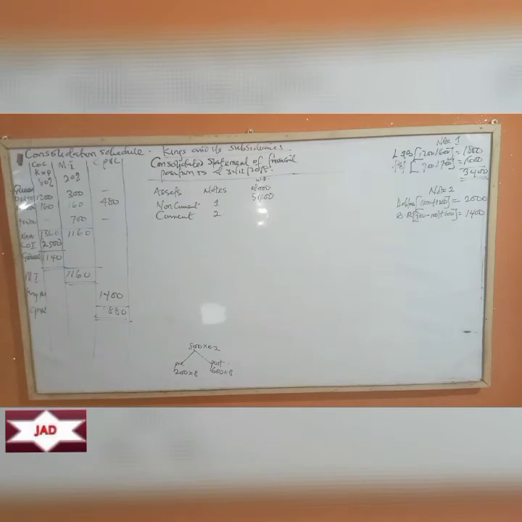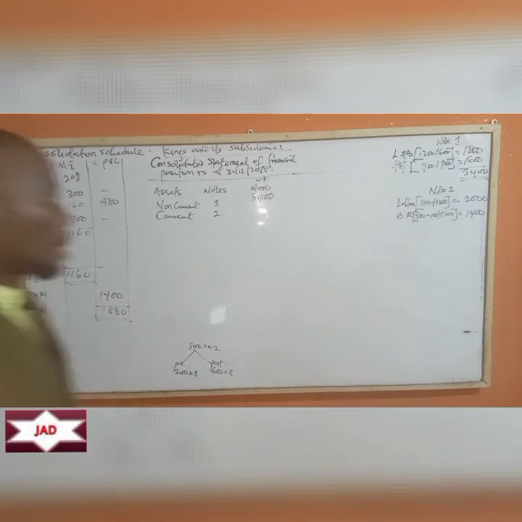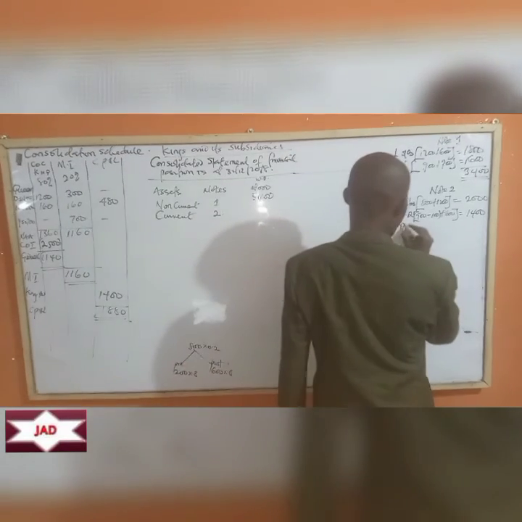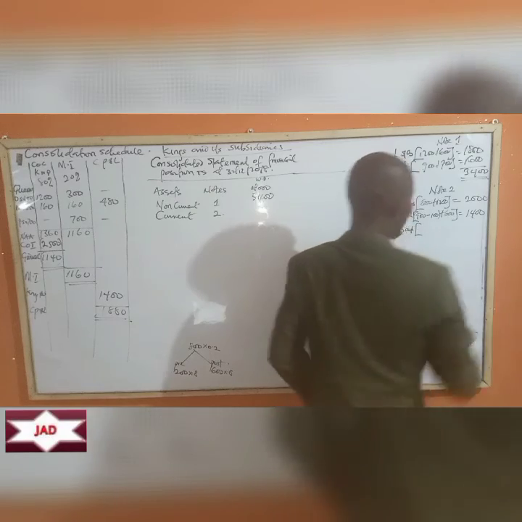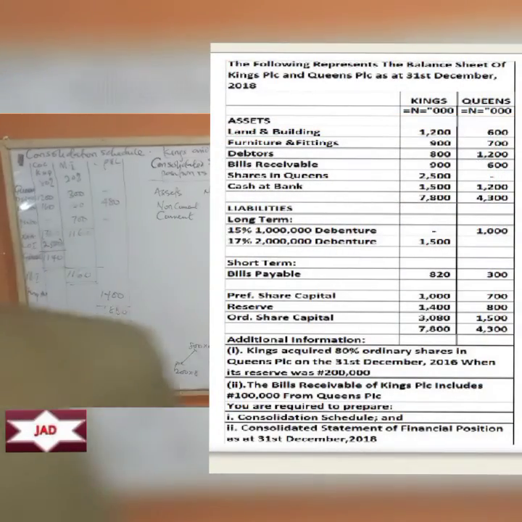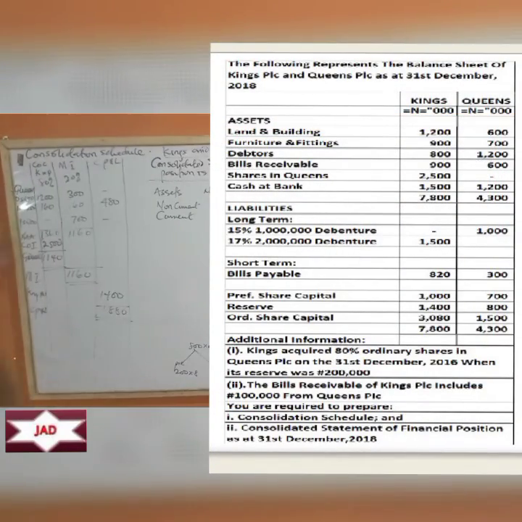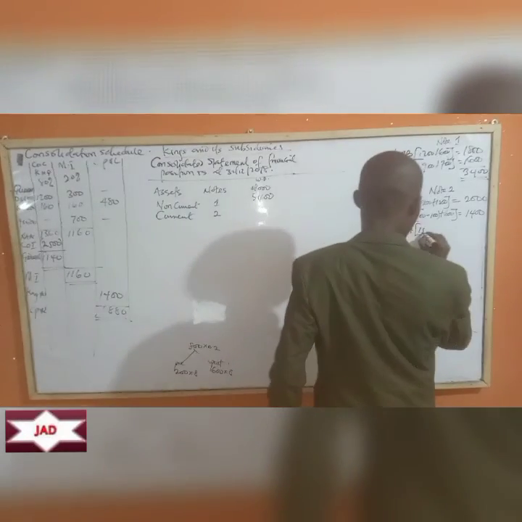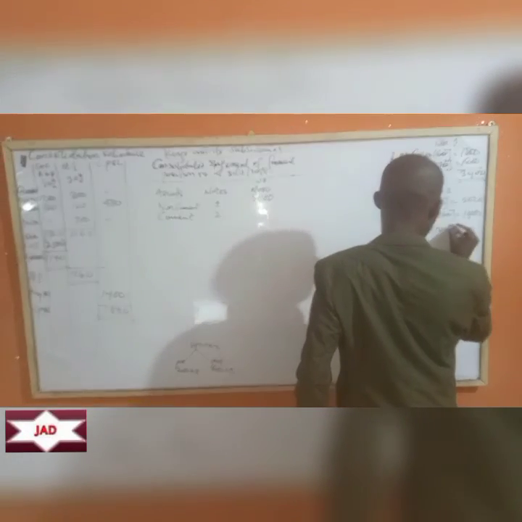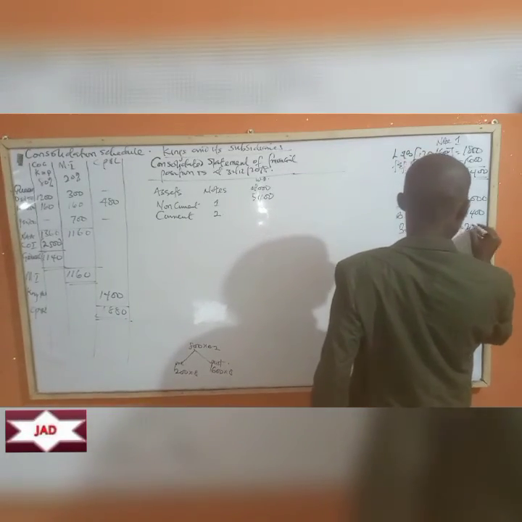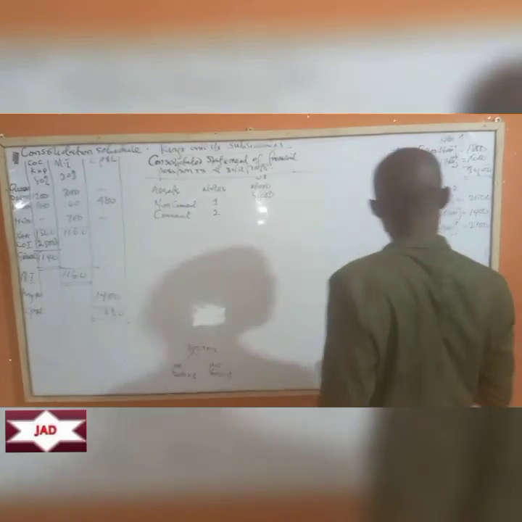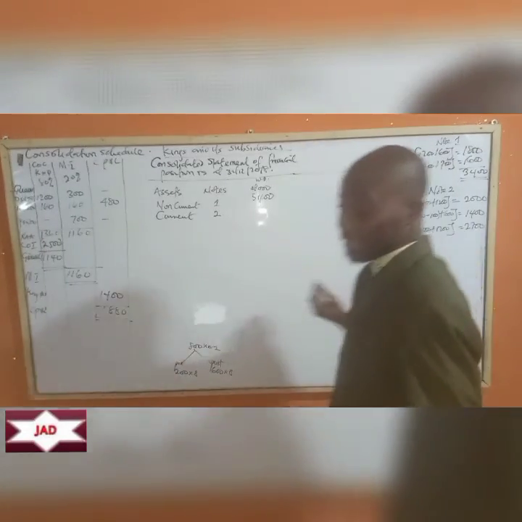Okay. What else? We have cash at bank. What's the cash at bank there? 1,500 and 1,200, so that's 2,700. Any other item?